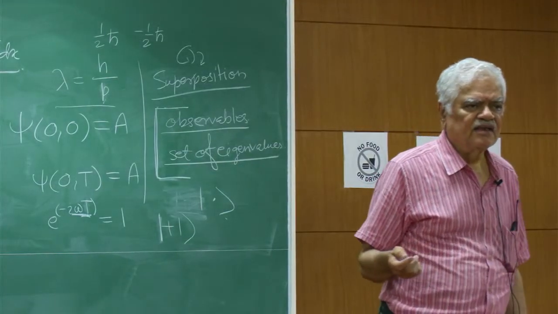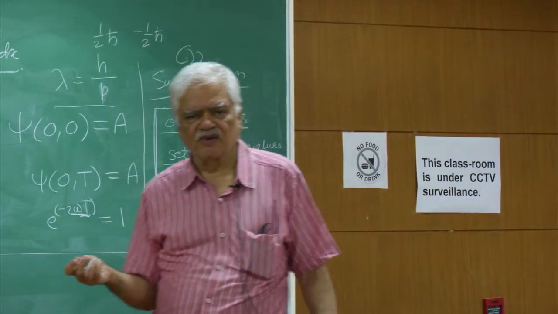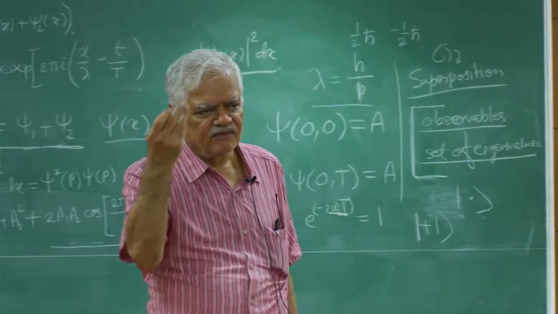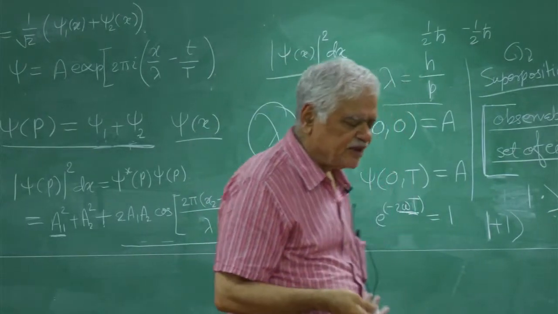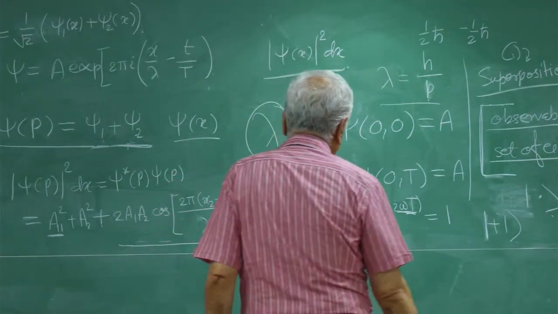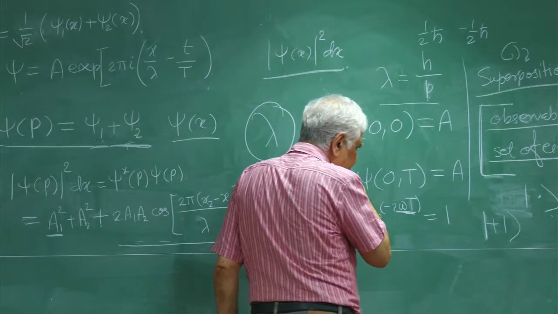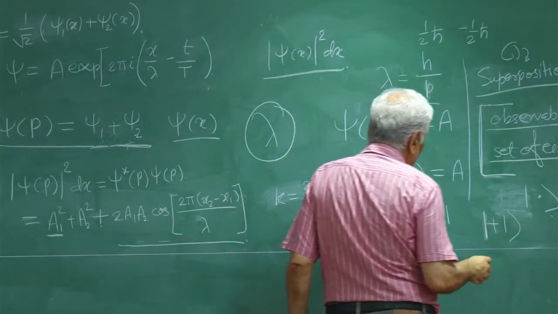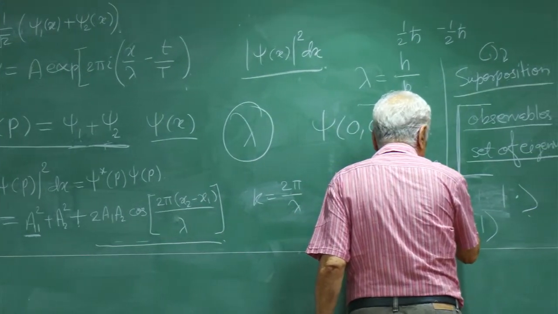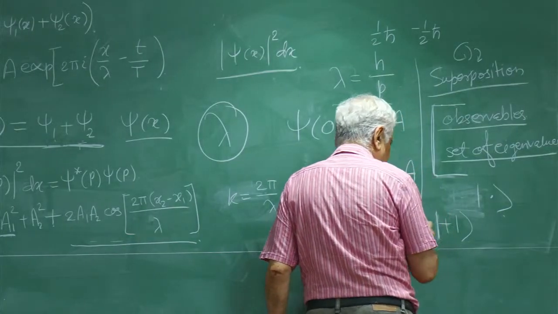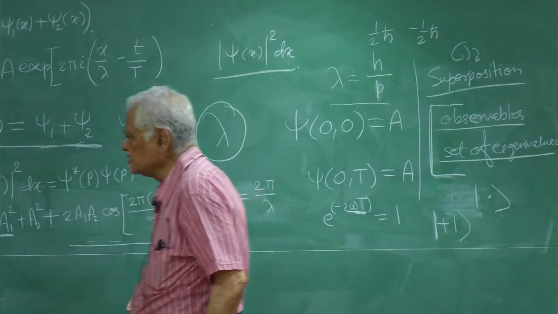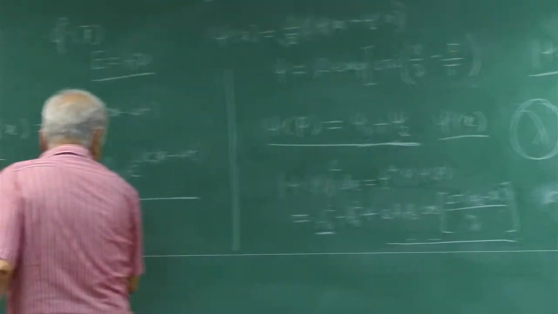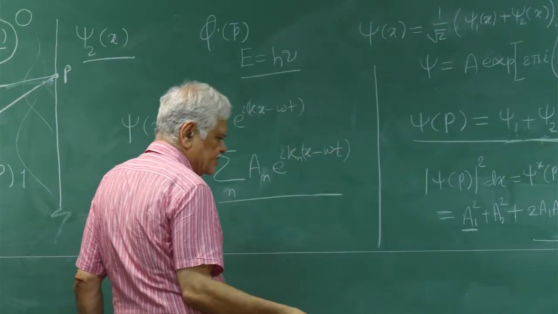You can't have a complex energy or complex momentum or any such thing. So now, how do I represent the operators? We have already seen that all the states of a quantum system form a linear space.